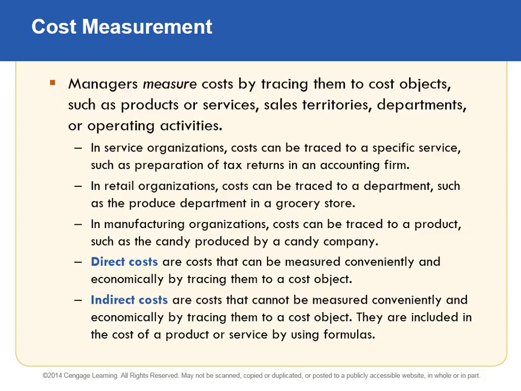Now, how do you measure costs in these different kinds of organizations? In a service organization, costs can be traced to a specific service, such as preparation of tax returns in an accounting firm. For example, the 1040 for an individual, or 1040 EZ also for an individual, or if it's for a business.